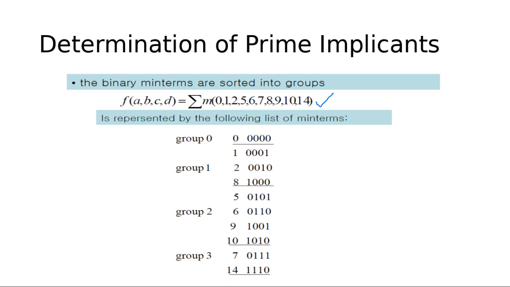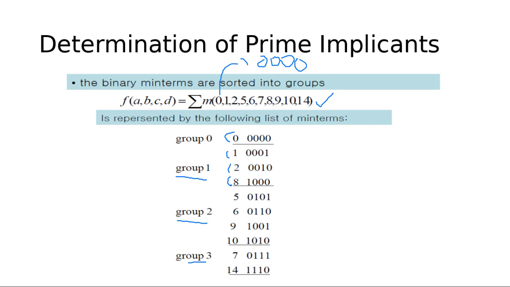You will take all of the numbers. What does the 0 mean? 0 means 0, 0, 0, 0. And 1, 2, and 8. Okay, there's a group 1, there's a group 2, and there's a group 3. What is the difference between the groups?